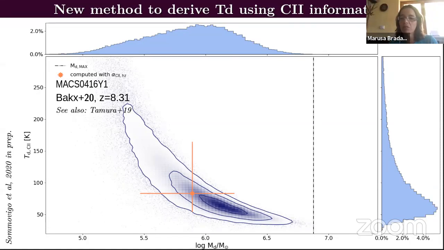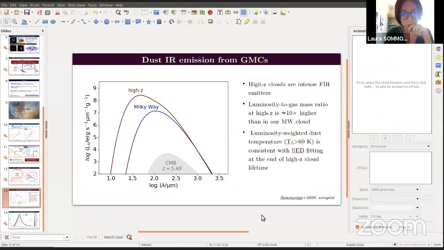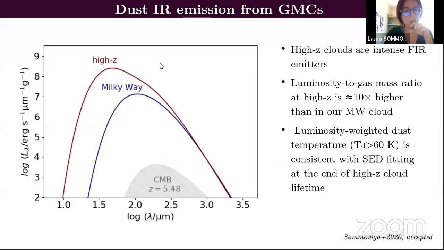Another question was, what percentage of the IR luminosity is contributed from warmer dust in your model? Okay, so this is the spectra that we get at the beginning of the lifetime of our two clouds. You can see that for the local cloud, we have an almost perfect gray body.